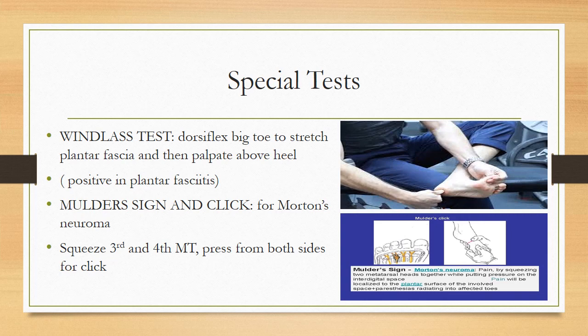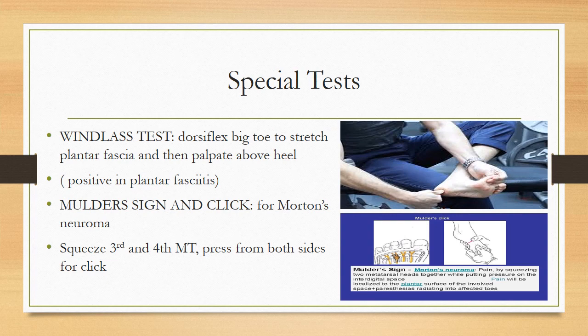Then what you can do is you dorsiflex the big toe to stretch the plantar fascia, and then you palpate above the heel, just shown in the above diagram here. So if it is positive, it will be very painful in cases of plantar fasciitis. And these people, they mostly complain of pain on taking the first step in the morning. The maximum pain is felt when they take the first step in the morning.